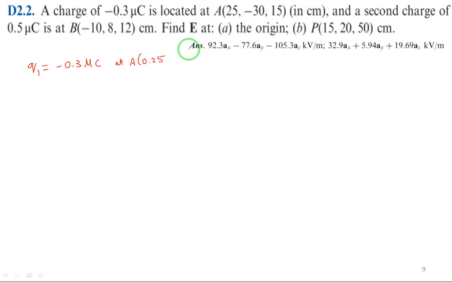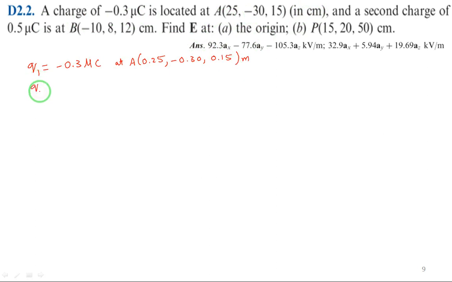Or else you can keep it in centimeters so that it will be easy for calculation, and later on you can convert it. Anyhow, both are one and the same, since you are using a calculator and not doing it manually. So 0.25 comma minus 0.30, 0.15. Now we have converted this into meters, right?